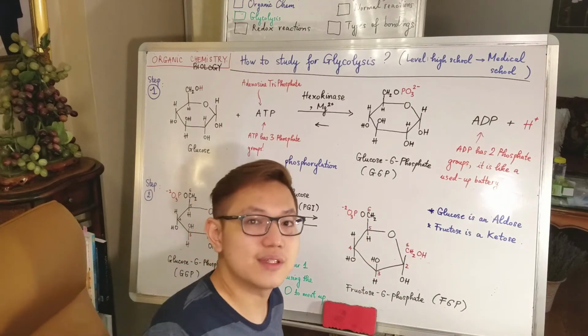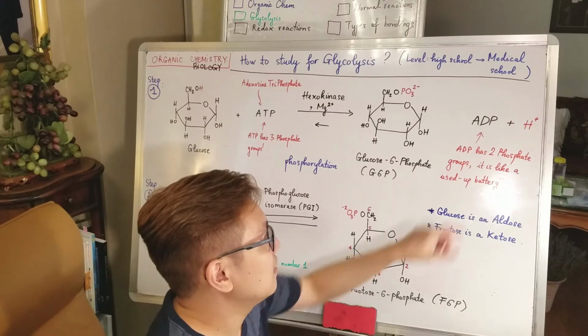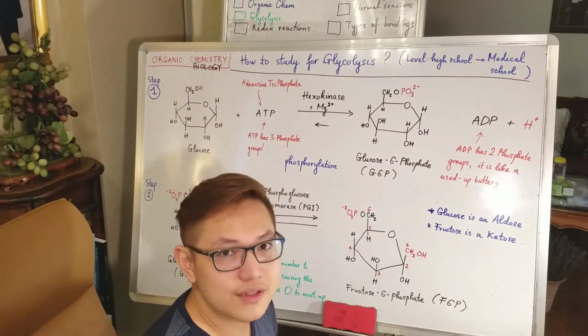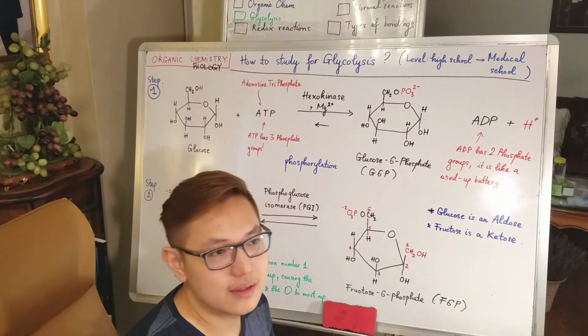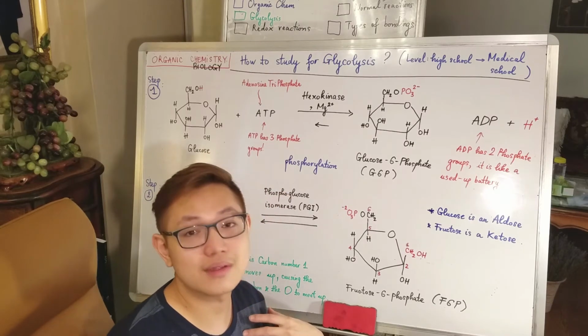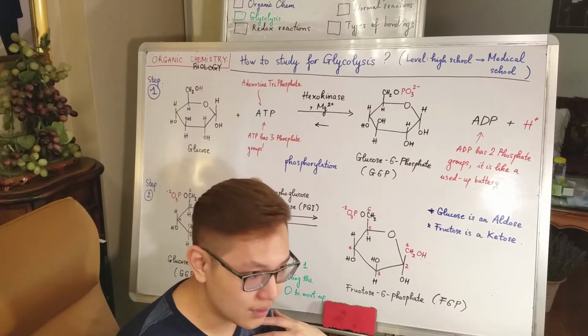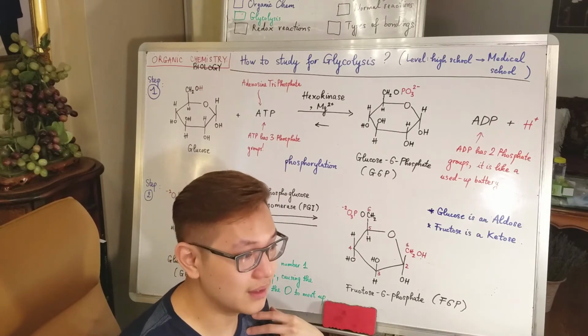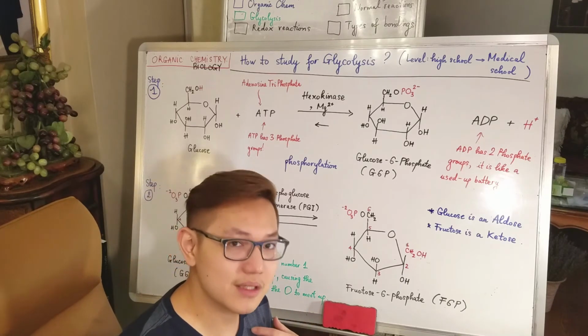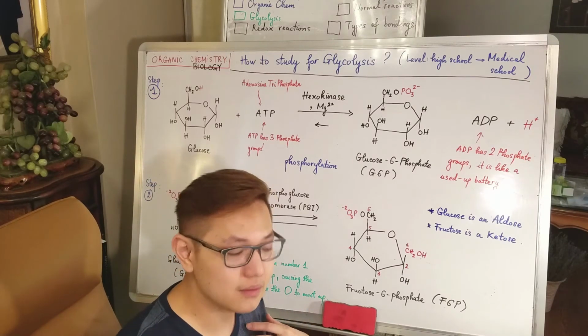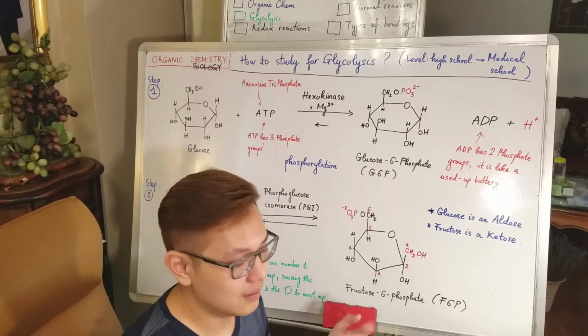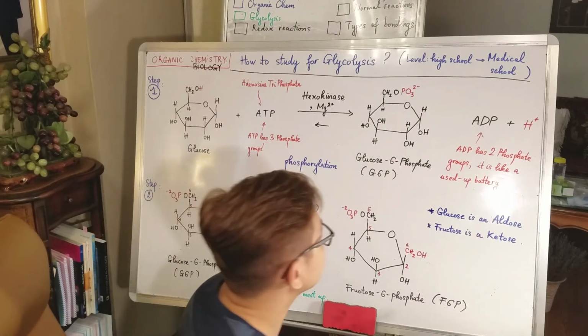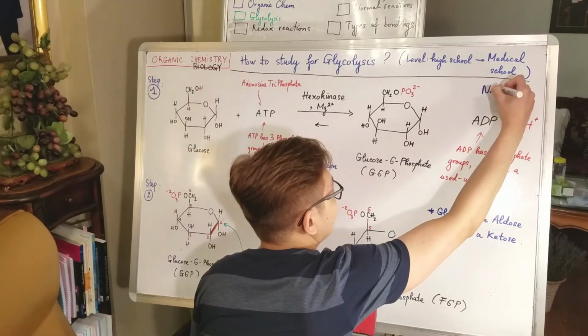So what would happen to this H+? H+ will not just be there for free in the cytosol, because H+ is acidic. It's not good to have more acid in the cell when this happens. So it must be trapped. It must be carried by a molecule called NAD.